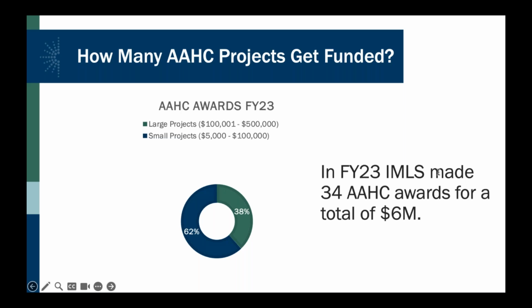We received 66 AAHC applications last year, resulting in 52% of those applications being funded. About 38% of the AAHC awards were for large projects, with the remaining 62% being small projects. The average amount of federal funds for each project was about $171,000.